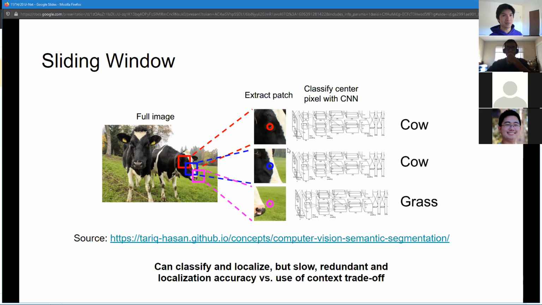Pooling layers basically take a really big patch and successively shrink it down. The trade-off with that is that it's going to be harder to say where that middle pixel actually is. The localization question becomes really hard to answer.